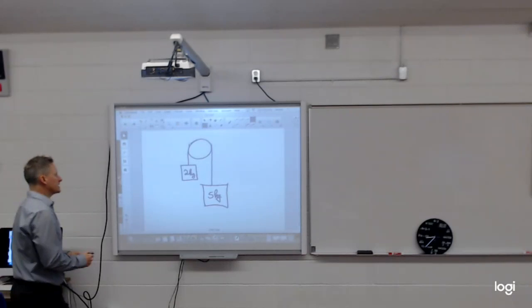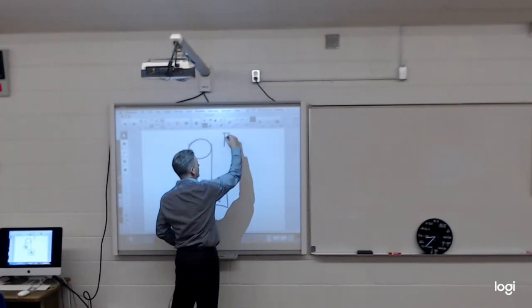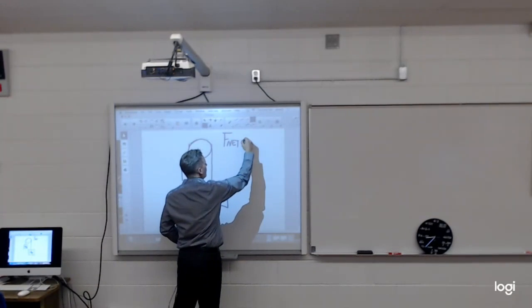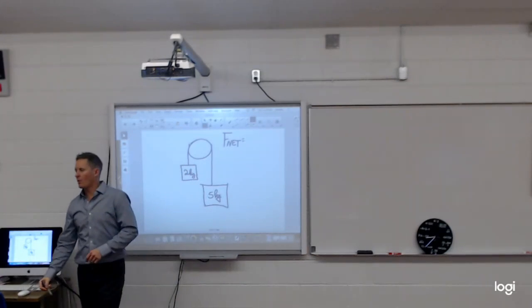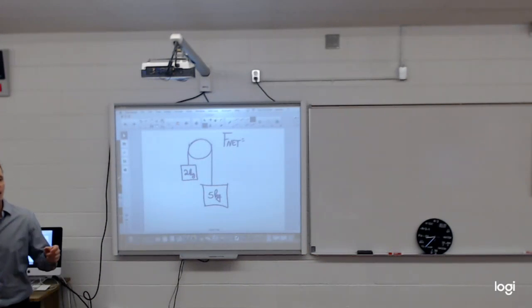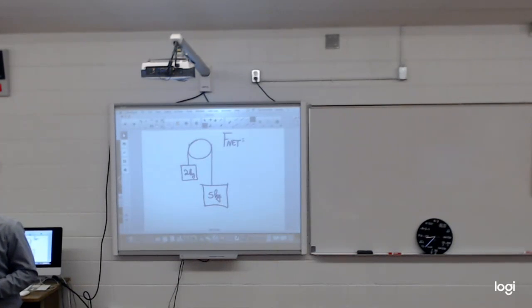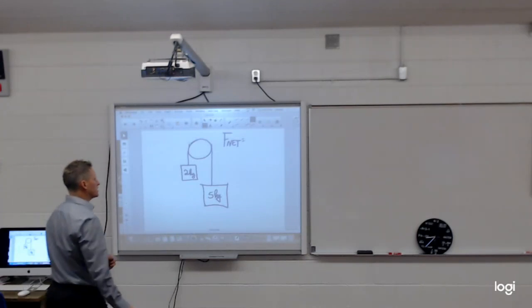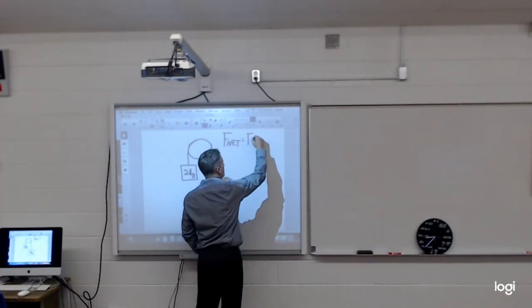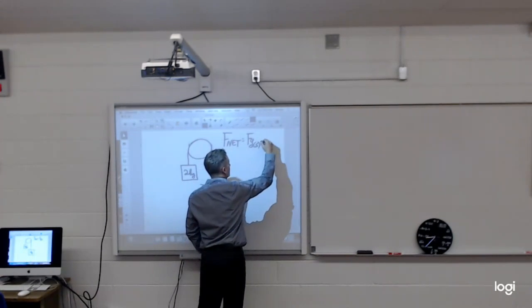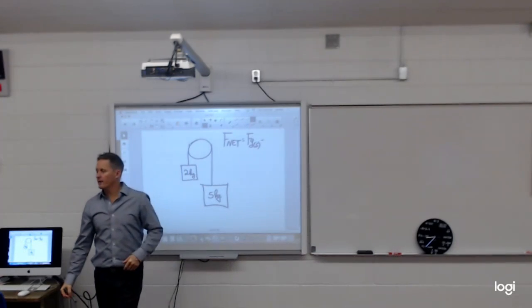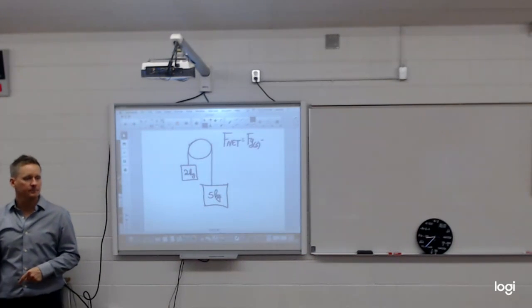So all I'm looking at is the two of them together as a system. If I ask you what the net force is on this, which force is going to move them and why? Gravity. Gravity on which one? The 5. Because of the larger mass, it's going to go in that direction, right? So the force of gravity of the 5 is going to move them. Which force is going to hold them both back?